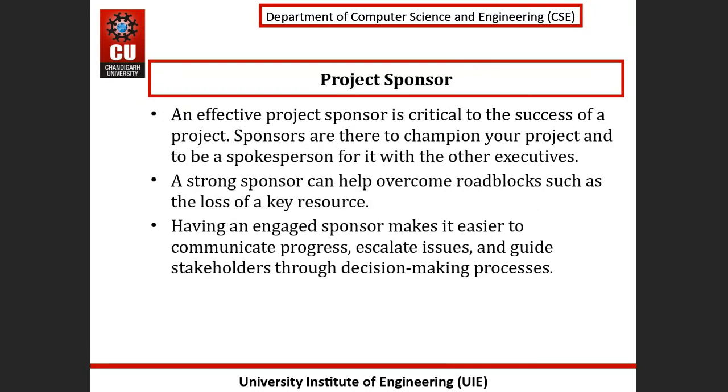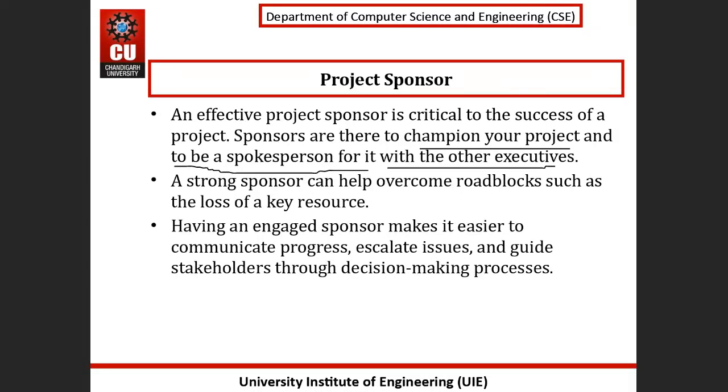So our second principle is project sponsor. An effective project sponsor is critical to the success of a project. Sponsors are there to champion your project and to be a spokesperson for it with the other executives.